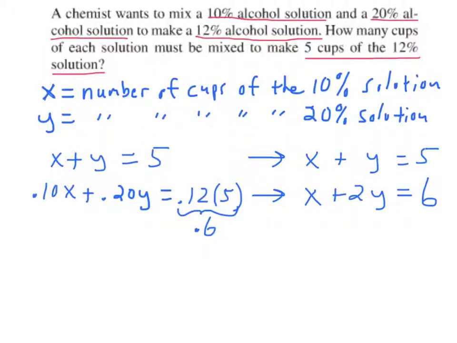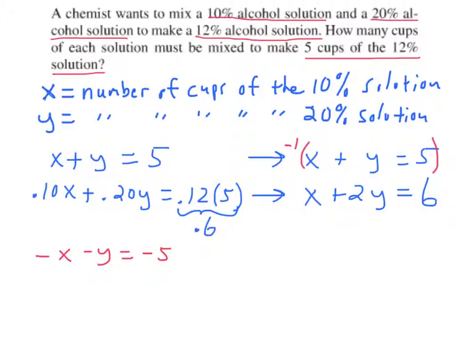Now if we multiply one of these equations by -1, these x's will be opposites, because then one of them will be negative x and the other one will be positive x, and that's what we want. So I'll go ahead and multiply the top equation by -1. That would give me negative x minus y equals -5.